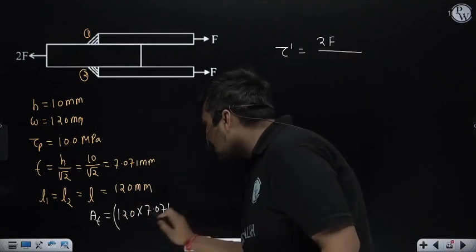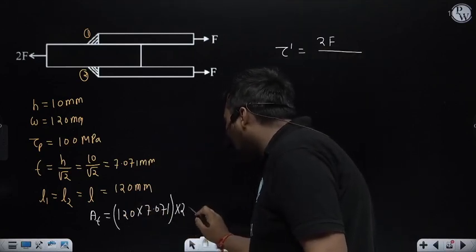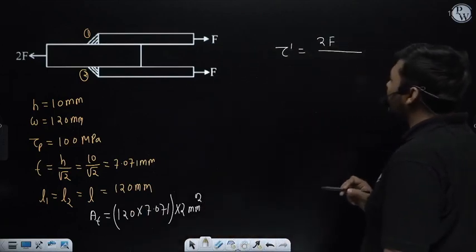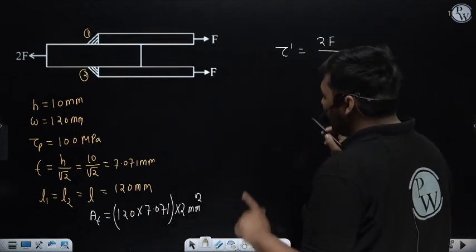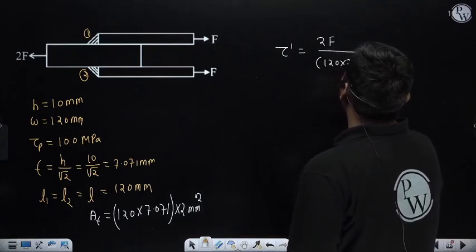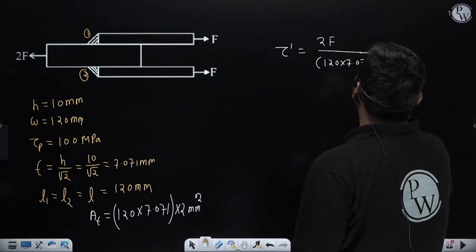So the total throat area will be twice this, in mm square. The primary shear stress in the weld during analysis will be 2F divided by 120 into 7.071 into 2.